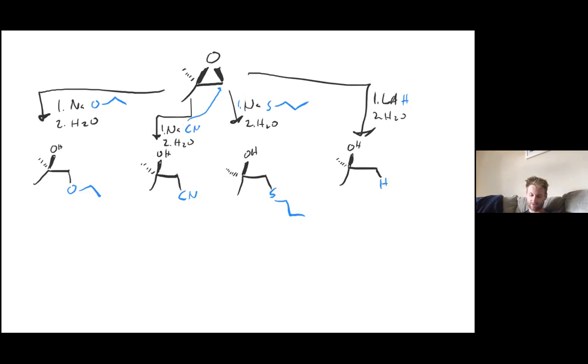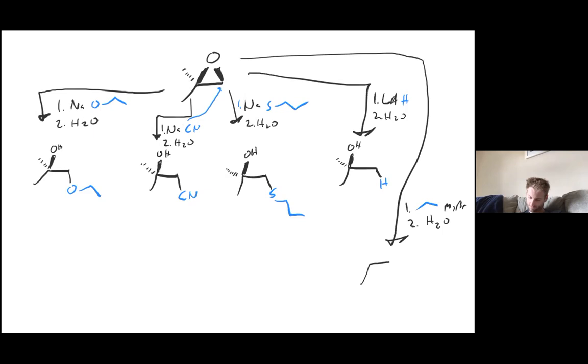And then alternatively, we could also use a Grignard to add carbons to our chain this way.